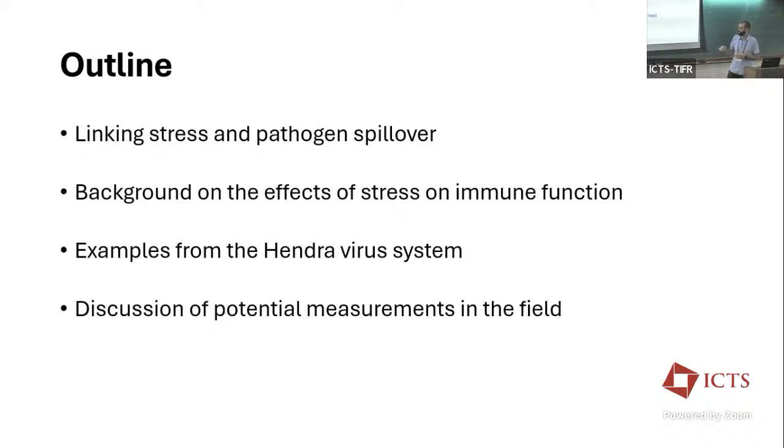And then I'll go through some examples of how stress and land use change are affecting the Hendra virus system and leading to these spillover events. And then potentially I wanted to give you something that you could take away from this presentation in your own work. So I want to discuss some potential measurements of stress in the field and some thoughts about study design, in case you're interested in this and want to put it into your own work.